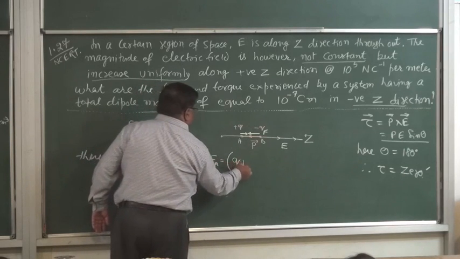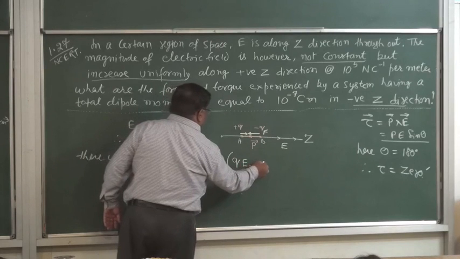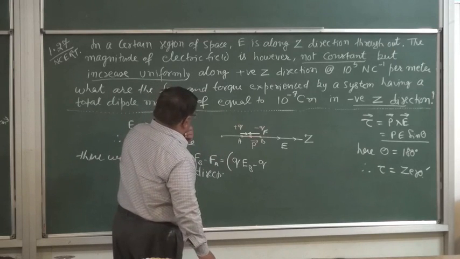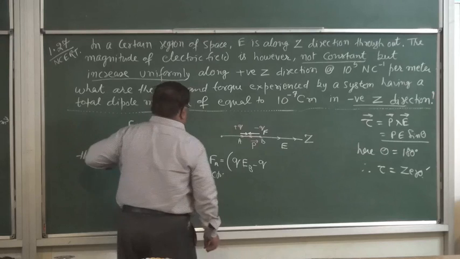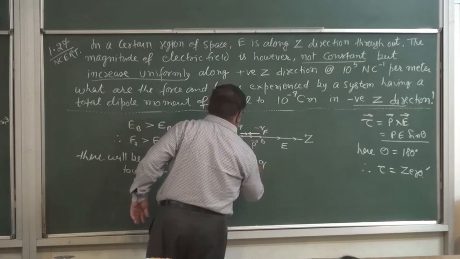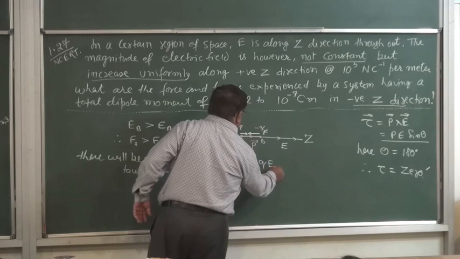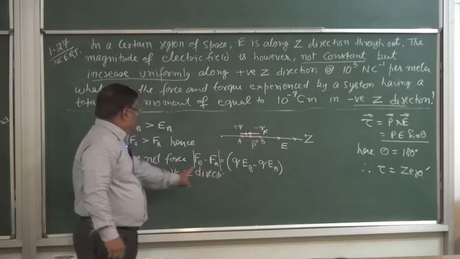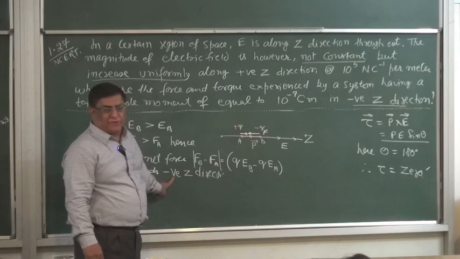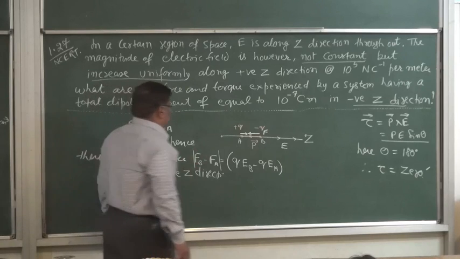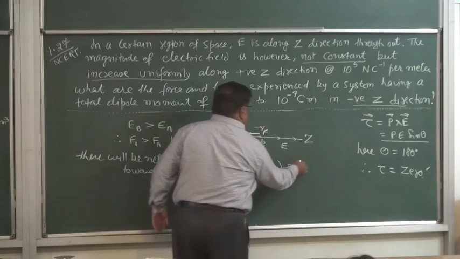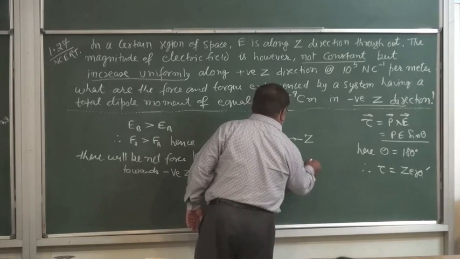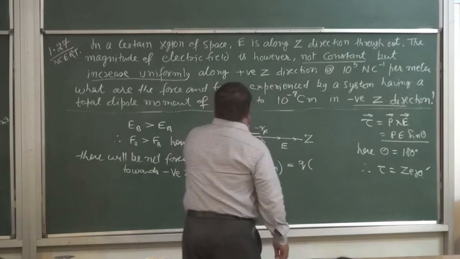Q इंटू E एट B माइनस Q E एट A. E at A, and this is only magnitude. Direction we have mentioned separately. ठीक है? ओके.